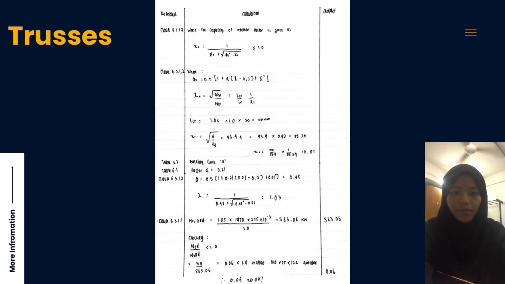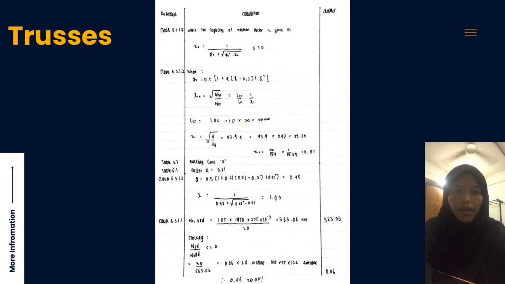In clause 6.3.1.2, where the reduction factor is given, XV equals 1 over phi V plus square root of phi V square minus lambda V square, not more than 1.0.